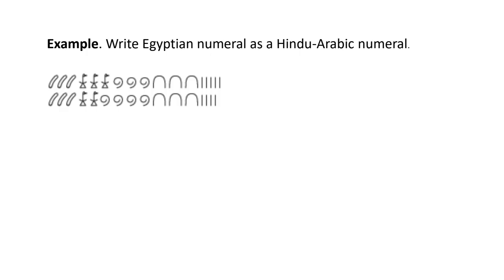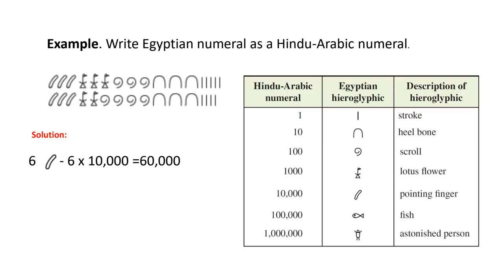So in this example, we have a number, or as is better called a numeral, in Egyptian, and we want to write it in a typical number that we recognize, which we call Hindu Arabic numbers. And to answer this, all you need to know is the conversion table, which you see on my screen.